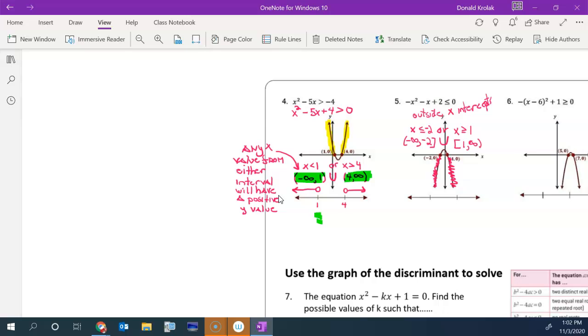The union just stands for the word or. You see that U, it stands for or, either or. All right, and now I'm going to have dot, dot, and arrow, arrow, and my x-intercepts right here.